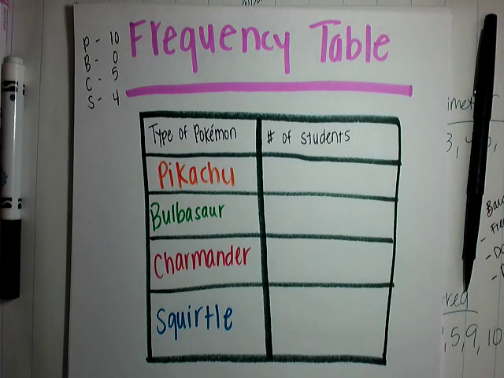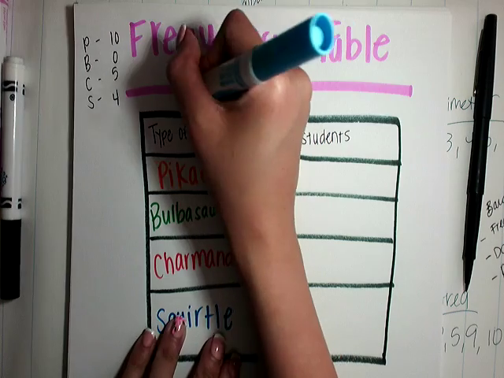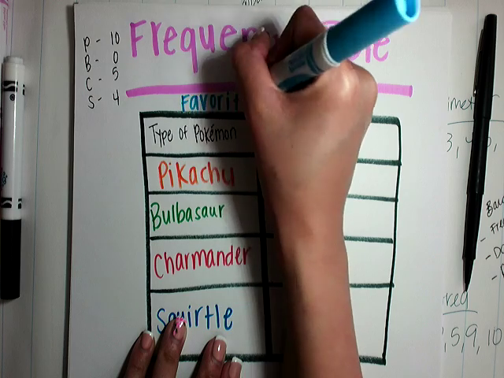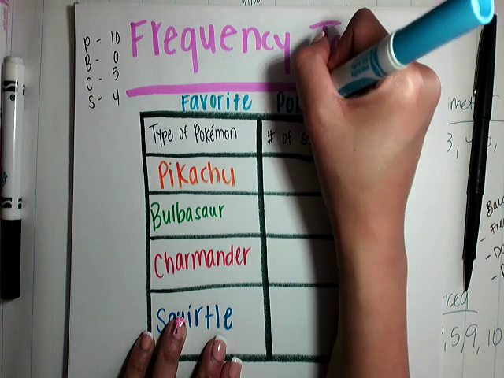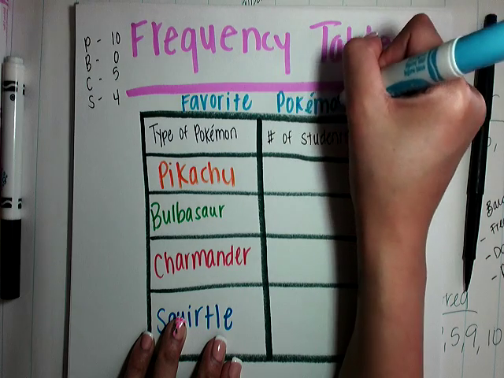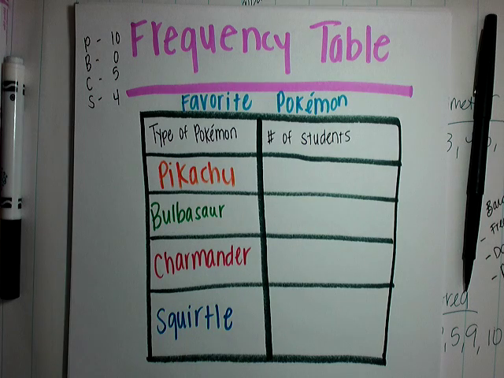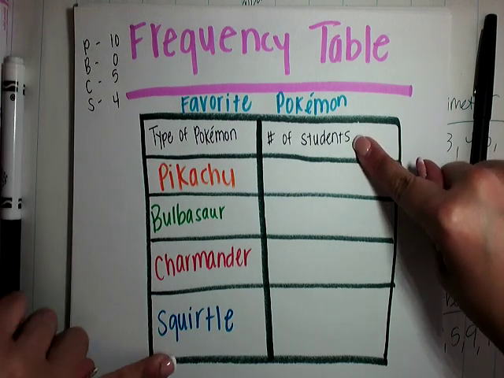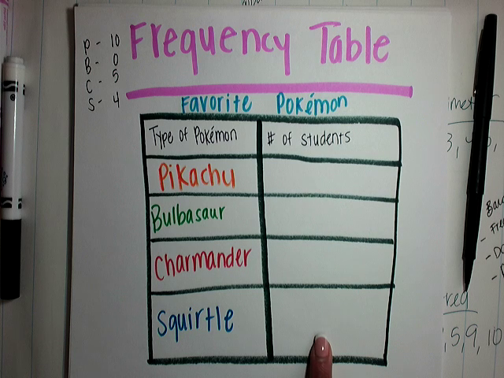So when I think of titles, just like our bar graph, we're going to have the same title. It's the same data. So our title is favorite Pokemon. These are our titles. This is our category. And these are my number of students.